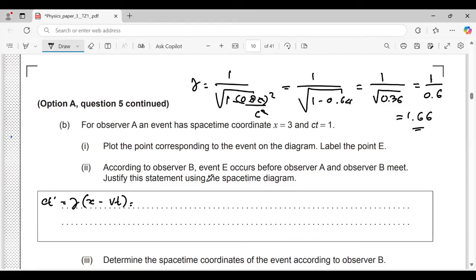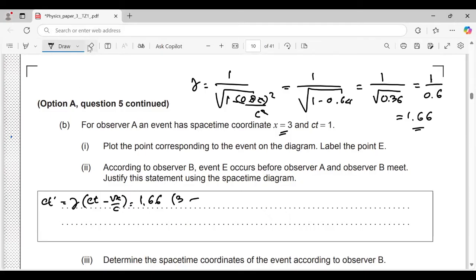So we can substitute it into this equation, and it becomes 1.66 times... sorry, wrong, it's supposed to be ct' equals gamma times (ct minus phi x over c).